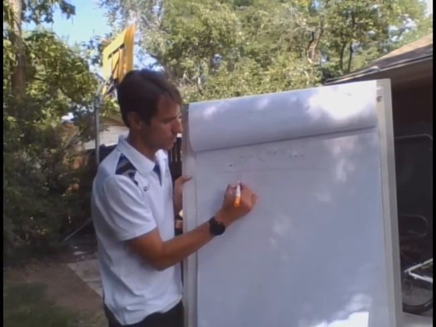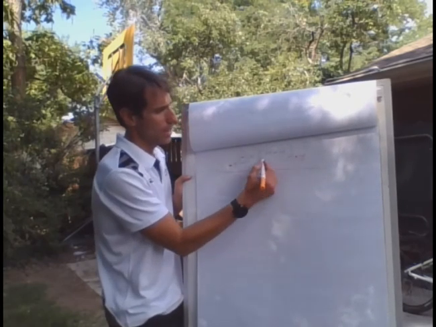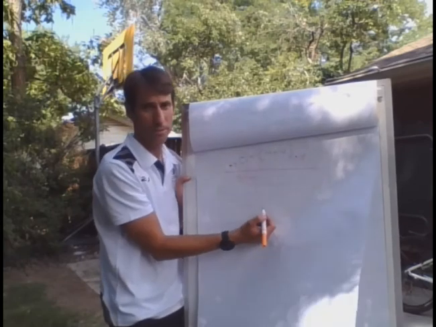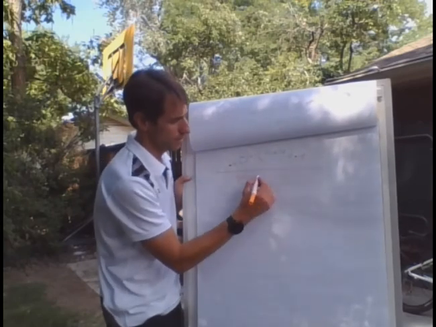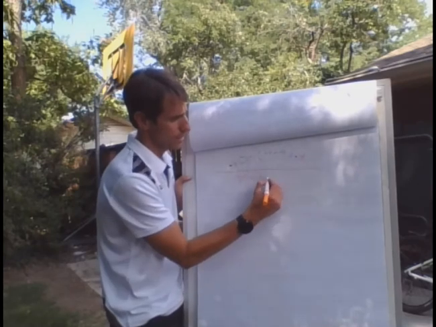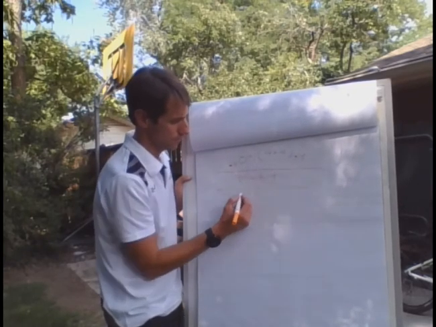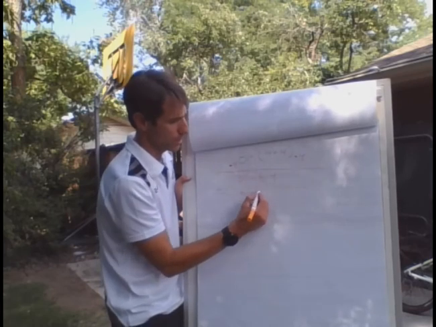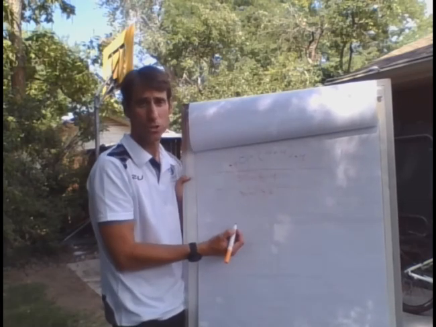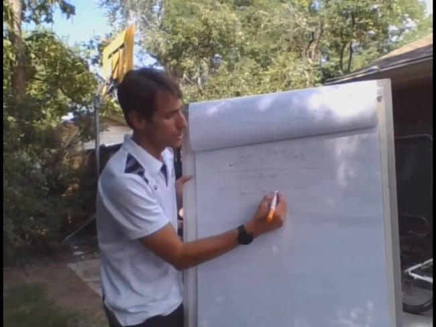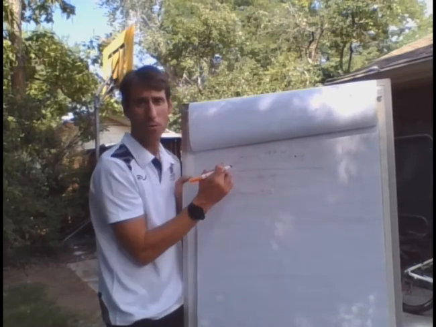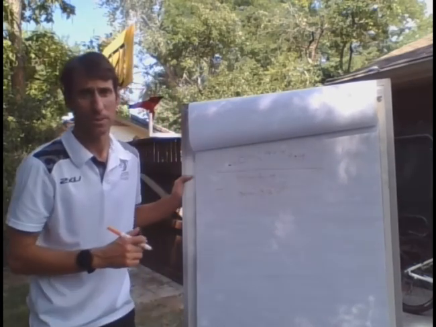So we get 32 on the left side. Same thing. 4 plus 4 is 8. We still have the times 4. 4 times 8 is? 32. So we get 32 is equal to 32. Is that a true statement? Yeah. All right. So multiplying both sides by 4 gave us an equivalent statement.